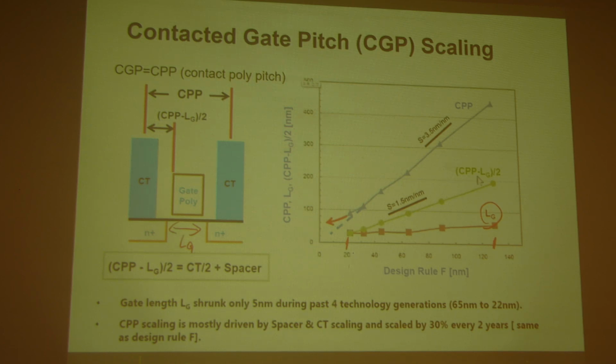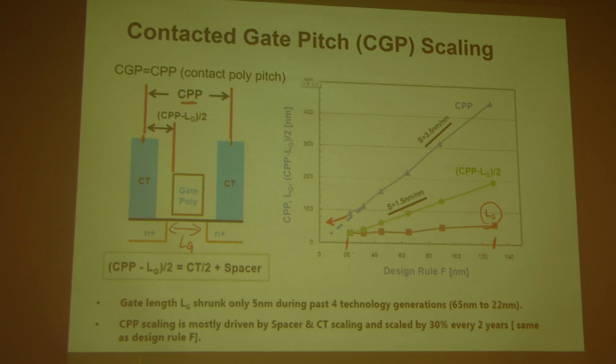But the contact poly pitch, or sometimes we call it contact gate pitch, CGP, or CPP if it's a poly gate, is the distance from the center of the source contact to the center of the drain contact.